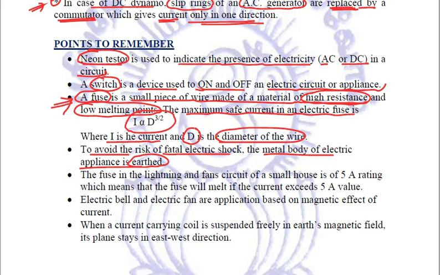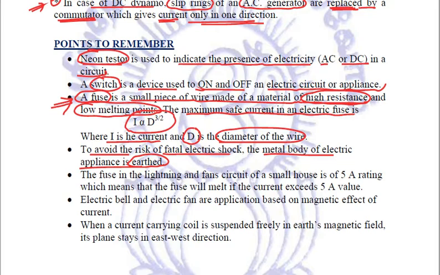This earth wire is attached to the metallic body of the appliance, and in case there is any leakage of current, then the whole of that current which has leaked and which was present in the body of the appliance goes through this earth wire into the ground. So we can say that the earth wire is a safety measure to prevent us from electric shocks.